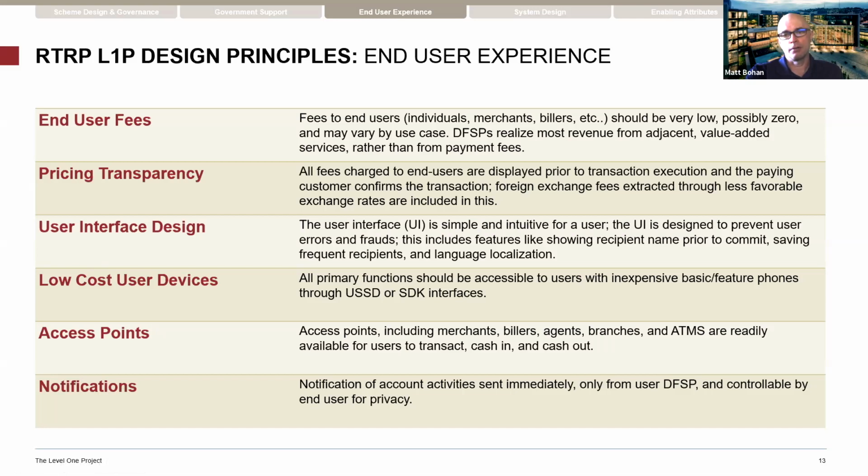While the smartphone revolution is clearly upon us, and the usage of smartphone devices in Africa and South Asia is growing quickly, the poorest users and the ones that we're most focused on will likely still use low-cost devices at fairly high numbers for quite some time.